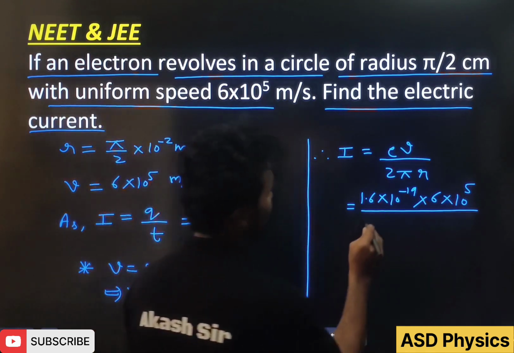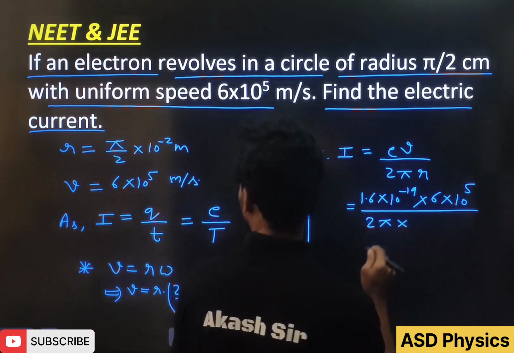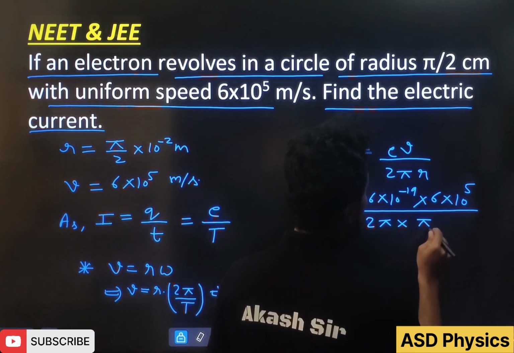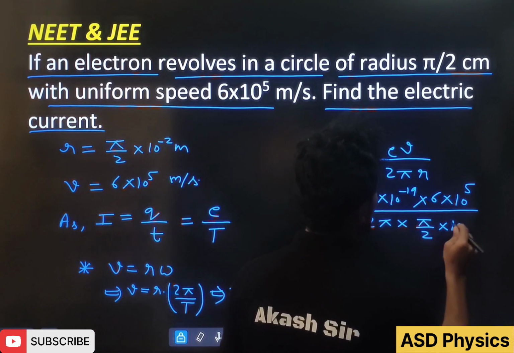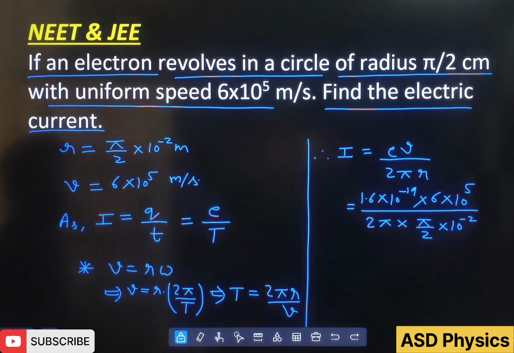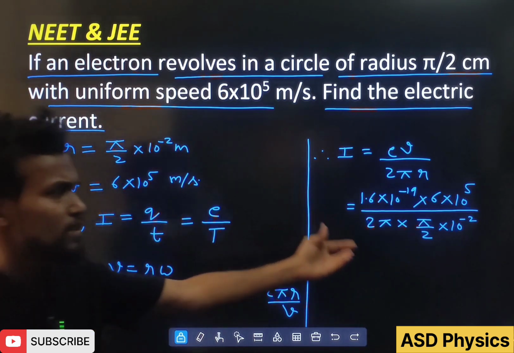And after that 2 pi into R value, how much is given here? Pi by 2 into 10 to the power minus 2. Kindly check out very well. We are correct, EV by 2 pi R, because T value is 2 pi R by V. We put the value here of the T, 2 pi R by V. Okay, and we'll simplify this and all.